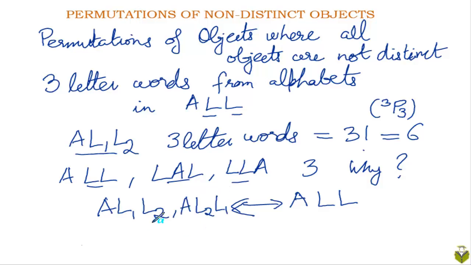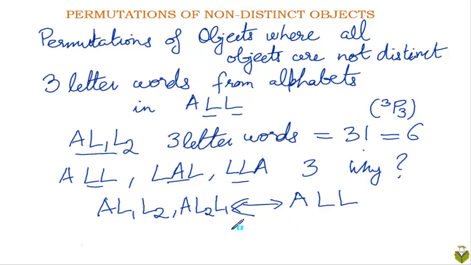These are different words now, right? If L1 and L2 are different. And why is it 2 factorial? Because you are arranging 2 objects which are distinct, taken 2 at a time, so it's 2P2 or 2 factorial. So you can arrange them in 2 factorial ways.